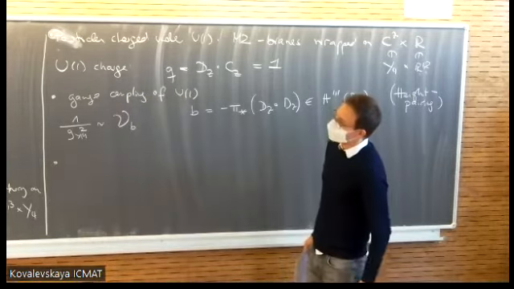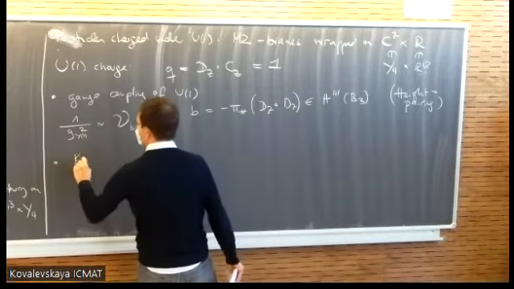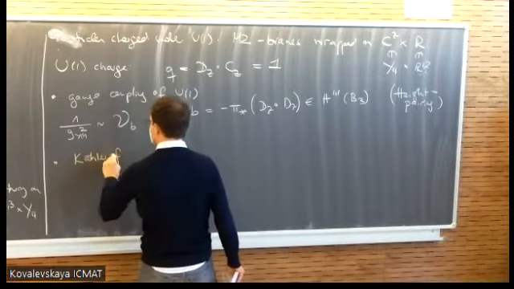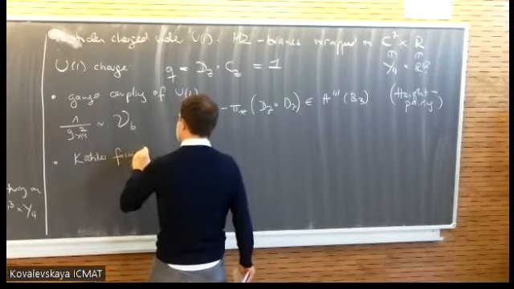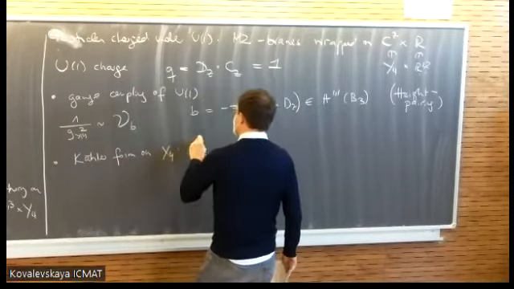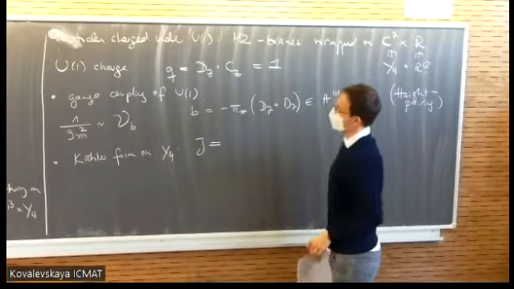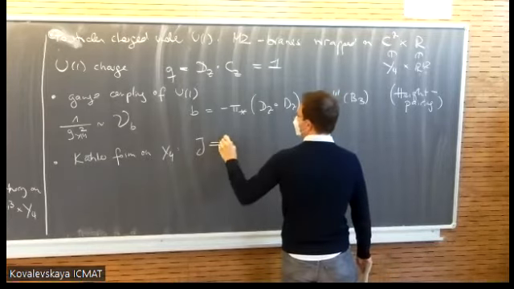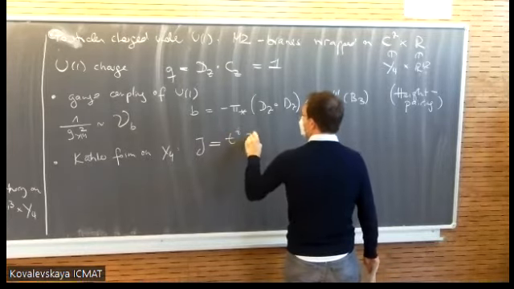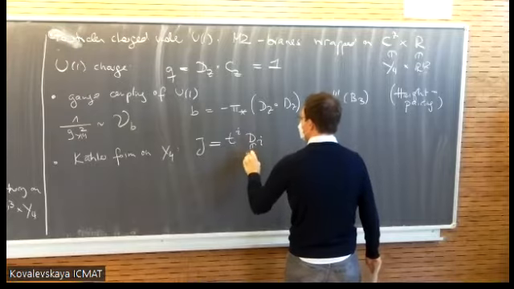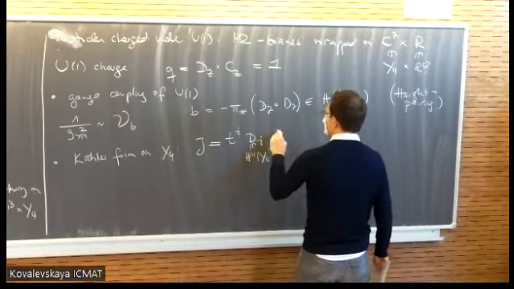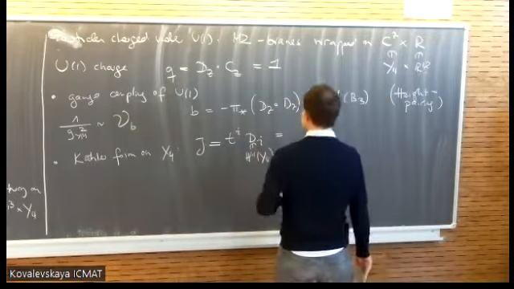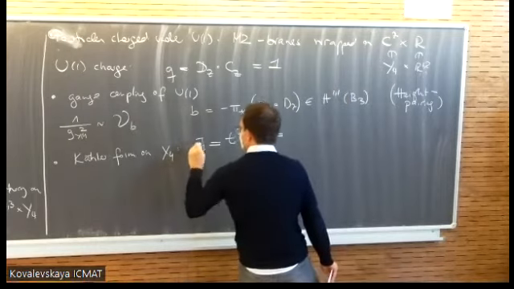And another piece of information, if I take my Kähler form on Y4, I can expand it as sum of CIDI, where this is the basis of H11 of Y4.